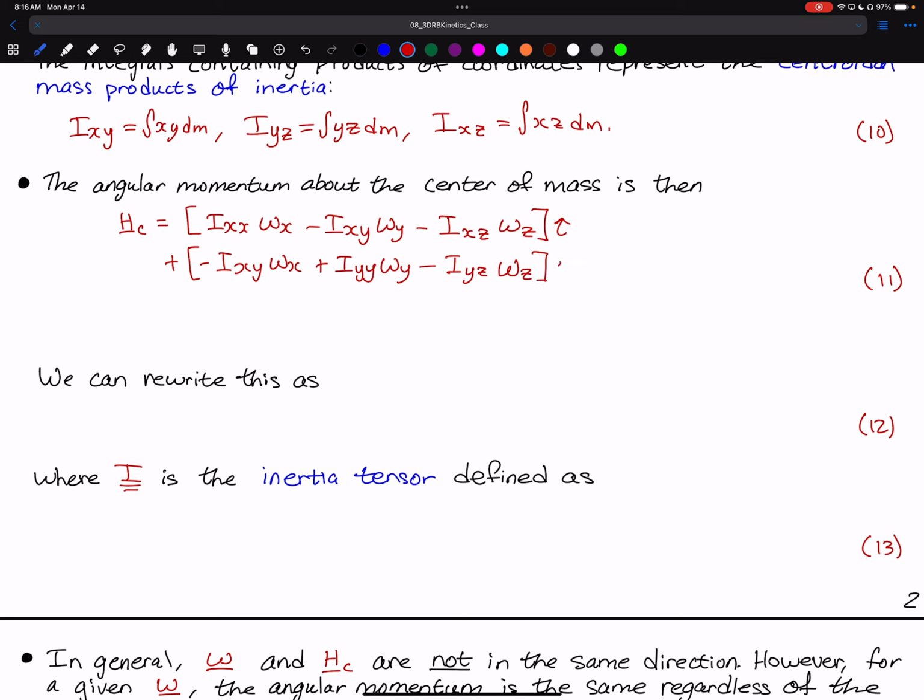That's in our j hat direction, plus minus I sub xz times omega x minus I sub yz times omega y, and then plus I sub zz times omega z in the k hat direction.